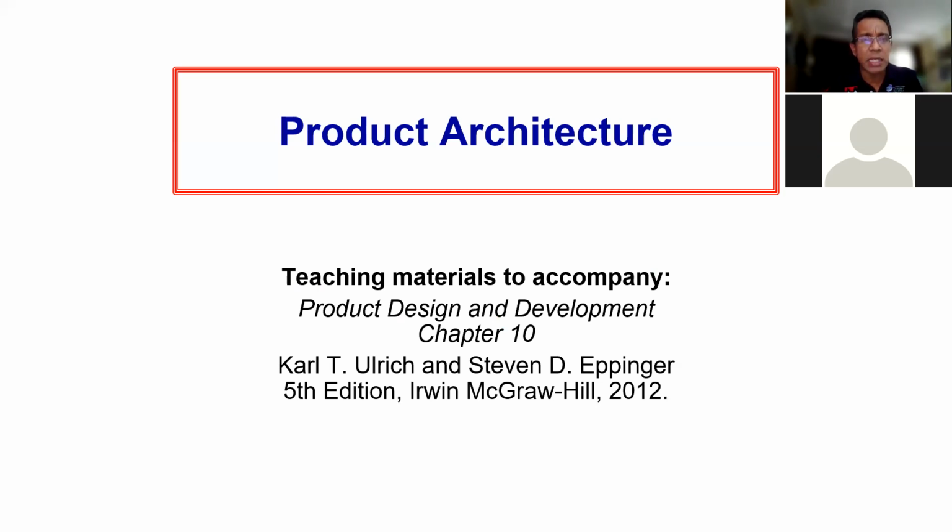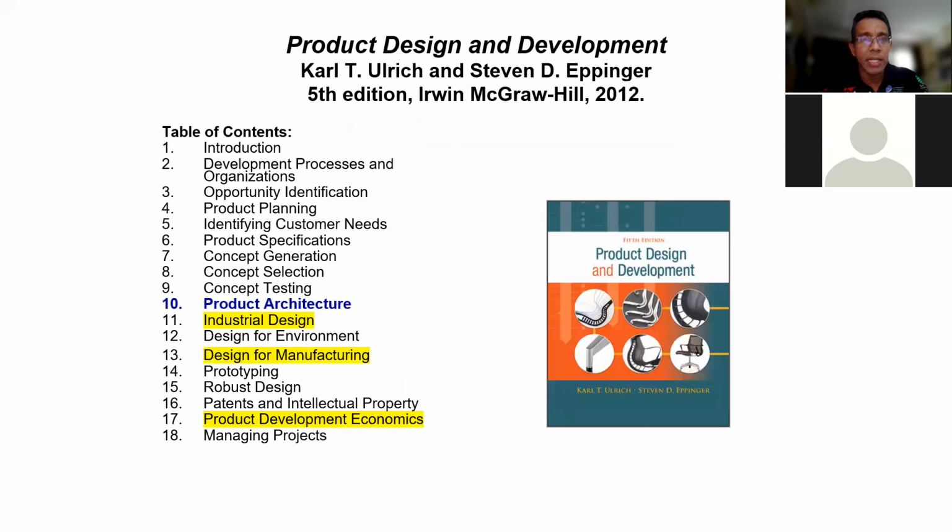We use the Product Design and Development book from Karl Ulrich. I think you get that book from Moodle. Also, we uploaded this book for your reference. So in this book, in chapter 10, you can see this product architecture.